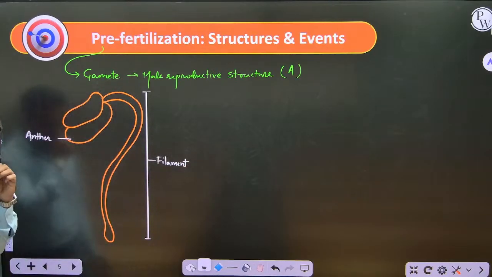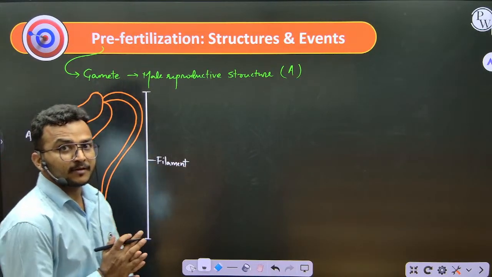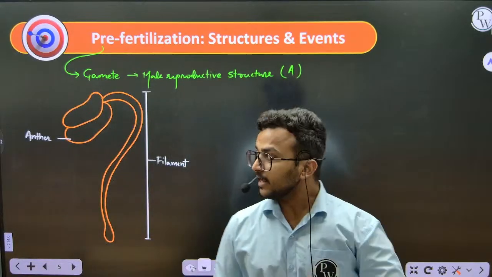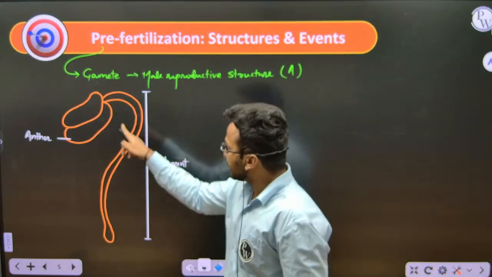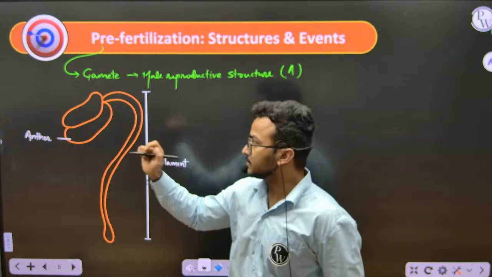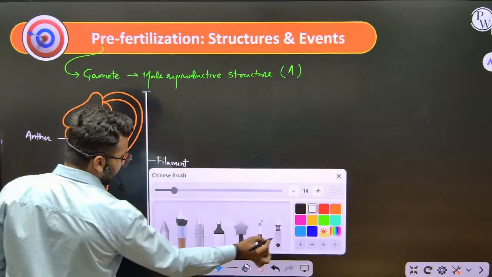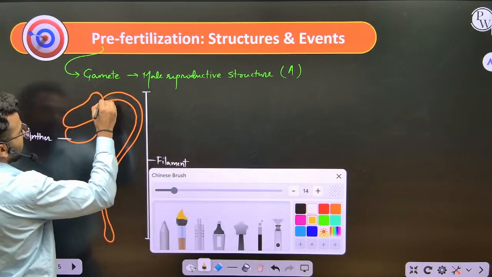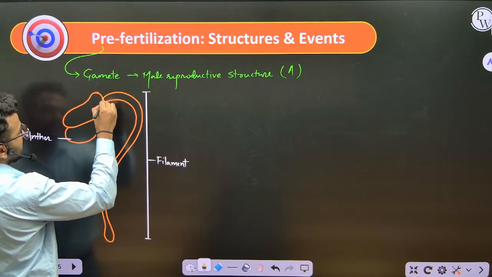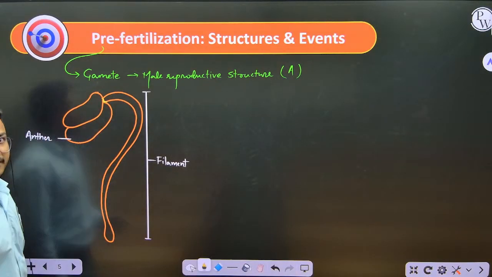And the thing we need to note here is that the anther is attached to this filament by the connective tissue. This point has connective tissue, where it is connecting to the anther.